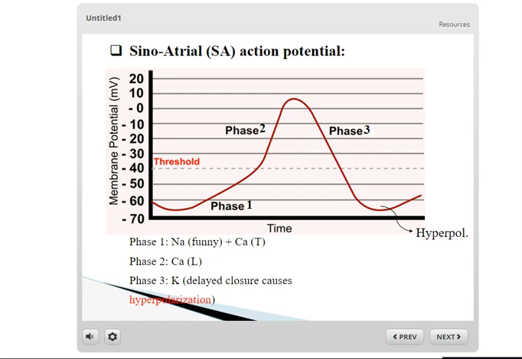Phase 1 is related to activation of the L-type calcium channels, and phase 3 is related to activation of the potassium channels. Once the cell is completely repolarized at about minus 60 millivolts, the cycle is spontaneously repeated.